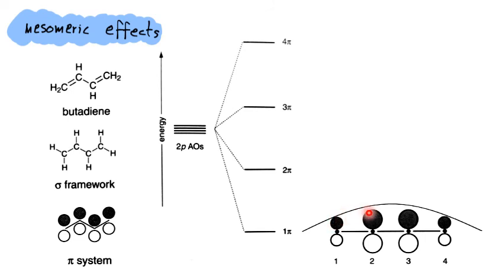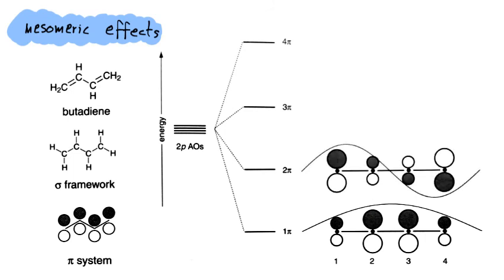So here's a schematic of the 1 pi molecular orbital, and it has the lowest energy because all the lobes with positive wave function are on one side of the molecule, and all the lobes with negative wave function are on the other side. So there is so-called constructive interference between all of them, and that leads to the lowest energy of the system.